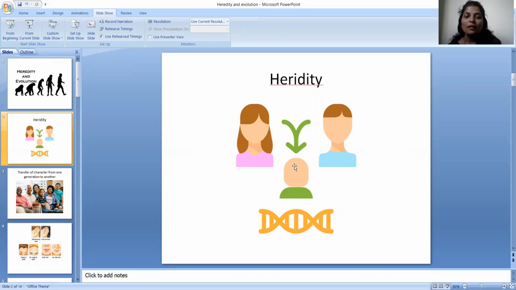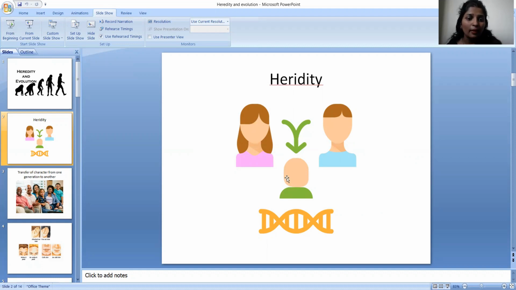And if she has blue eyes, that means that trait has come from her father's side. So some features have been transferred from these parents to their offspring, their children, through the genes, and that is known as heredity.